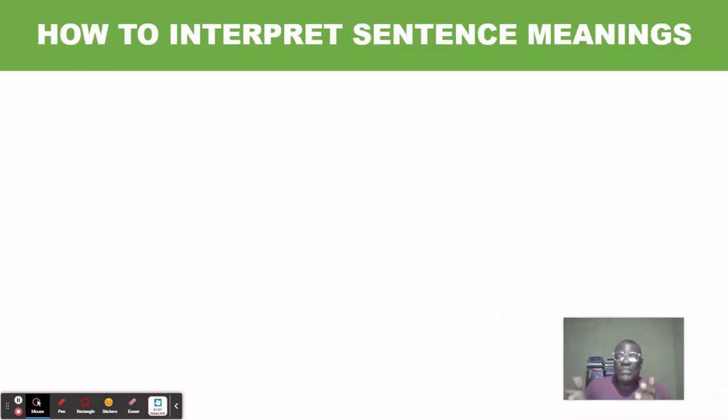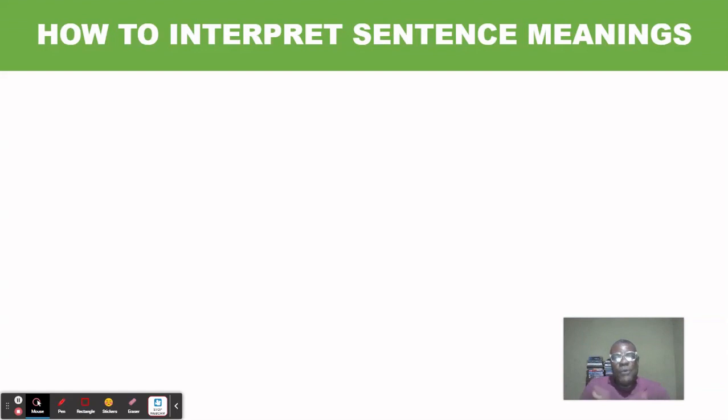You need to understand that an idiom is a group of words whose meaning is different from the meanings of the individual words that make up the group. So idioms are not quite easy to interpret, but they are known to native speakers of the English language.